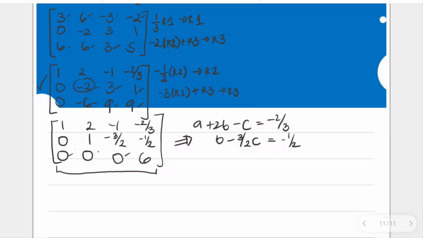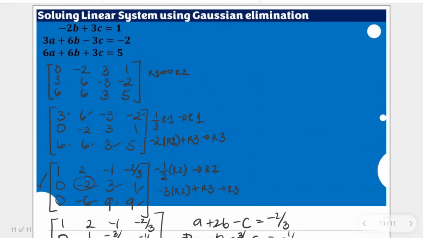But when you look at the last row, 0A plus 0B plus 0C, that's entirely 0, and it cannot be equal to 6. This is not possible. This would mean that the solution for this given linear system after the application of Gaussian elimination will return no solution.